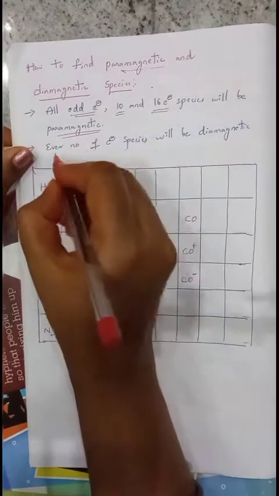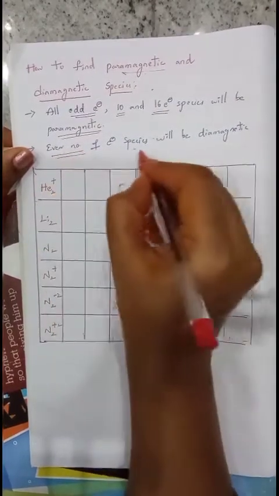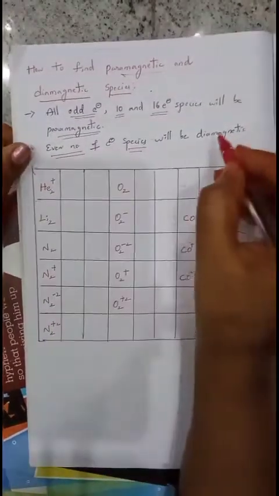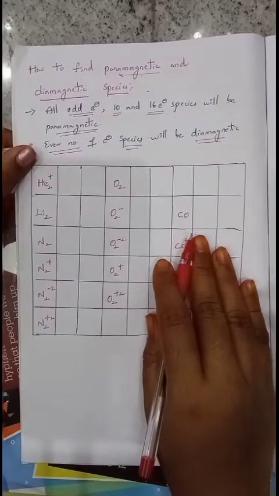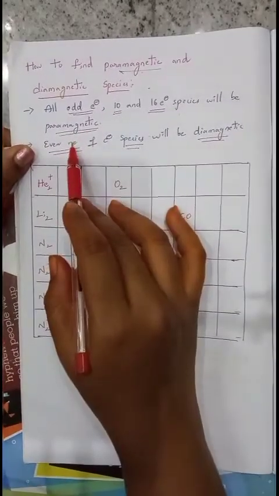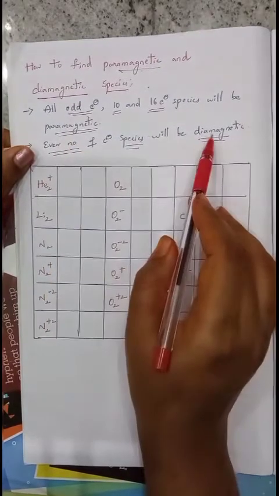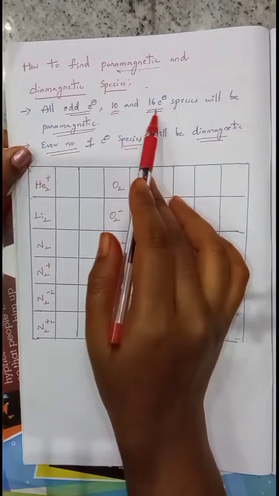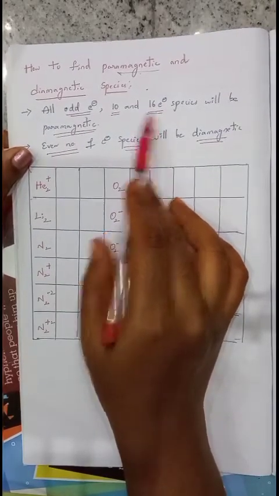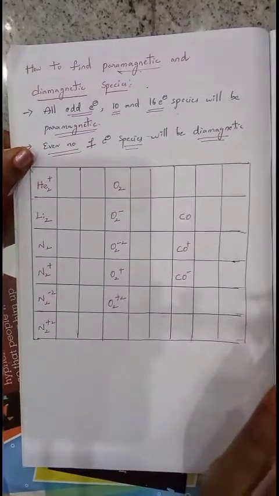If an even number of electrons is present in the species, then such a species is taken as diamagnetic in nature. So even-number-electron species are always diamagnetic. Odd number of electrons plus 10 electrons and 16 electrons containing species are always paramagnetic in nature.